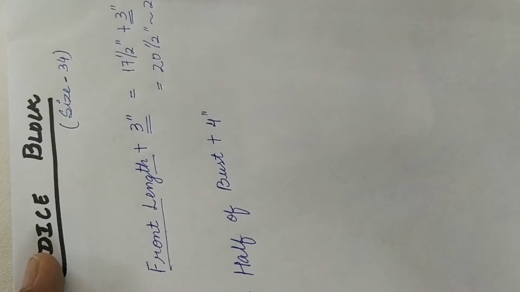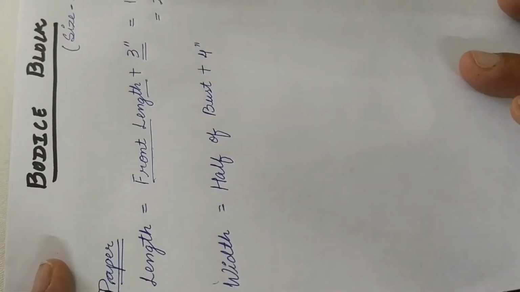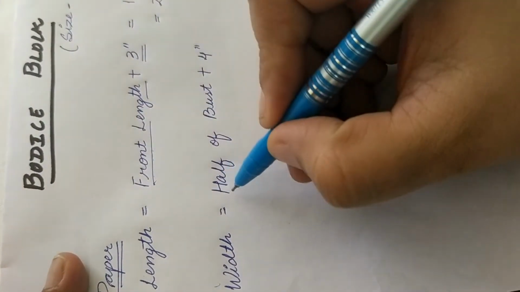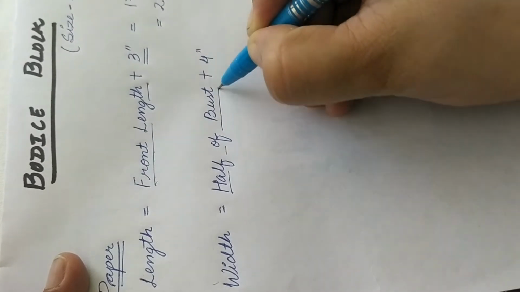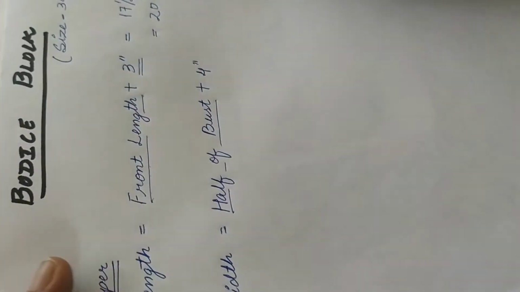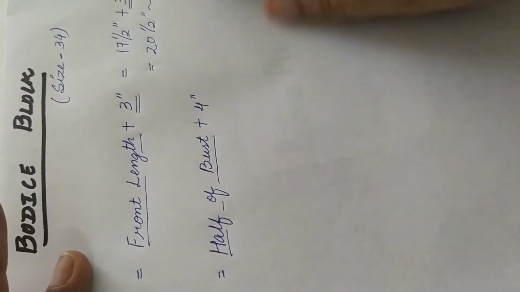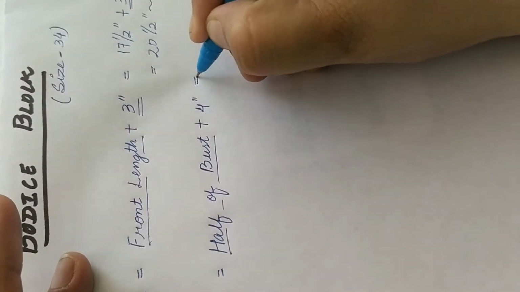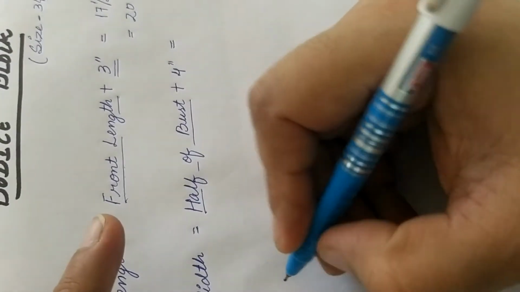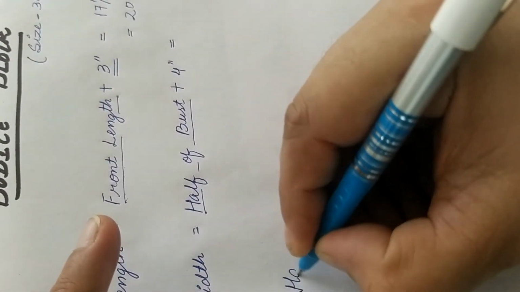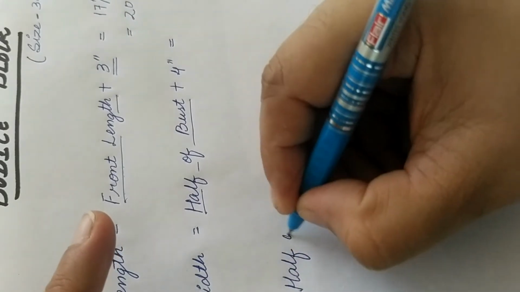The next step is calculating the width of the paper. So the formula says it's half of bust and we add 4 inches to that. Now half of bust would include the front width and the back width. So I am writing down here for your reference for the ease of understanding.